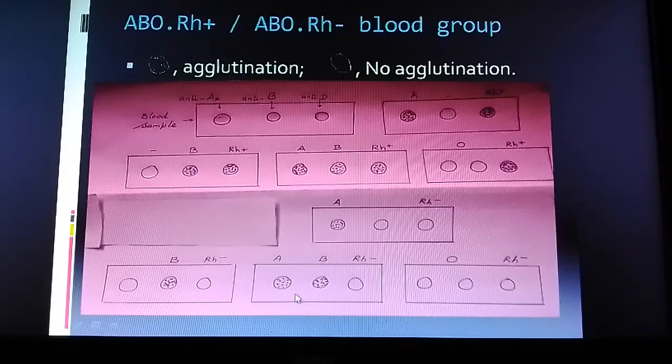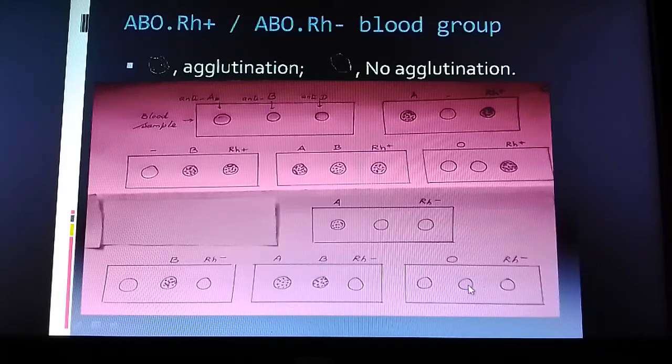In the same way, regarding the ABO system, because of the agglutination at both A as well as B, assume it to be AB blood group, but possibility for RH negative because of the absence of agglutination.